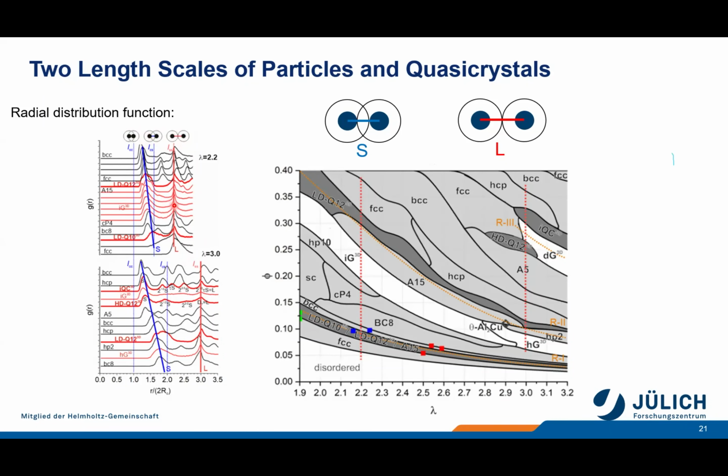And what we see in the red lines, which is either a glassy region or a quasicrystal, is that indeed, even in 3 dimensions, these systems try to realize the two length scales. And even if you go to very large distances, like here, you see this prominence of the two length scales.